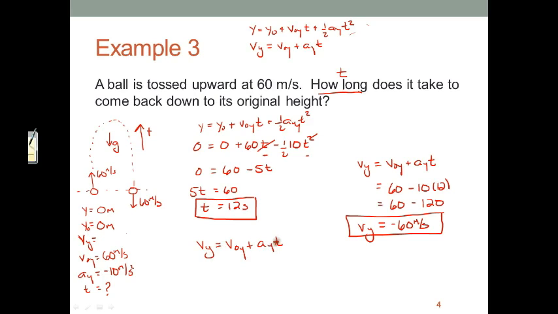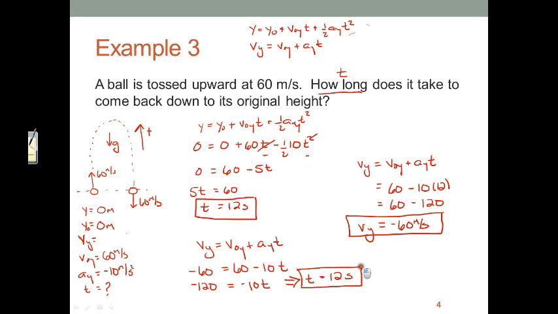I could have plugged in a negative 60 here, a positive 60 there, and a minus 10 times t. Okay, so now I need to solve for t. The first thing I need to do is move this 60 to the other side, which gives me a negative 120 equals negative 10t. Dividing both sides by negative 10 gives me t equals 12 seconds.